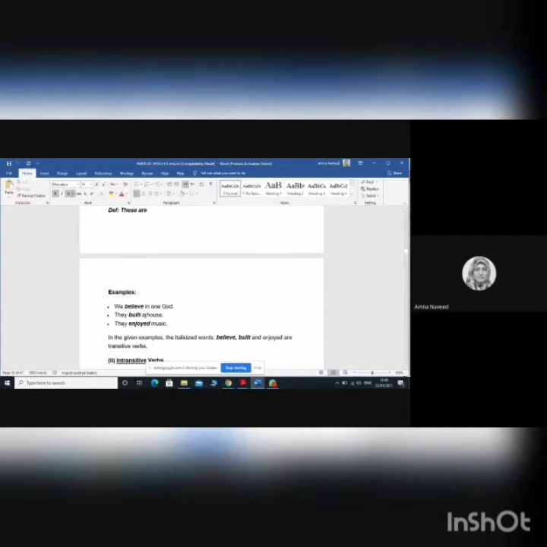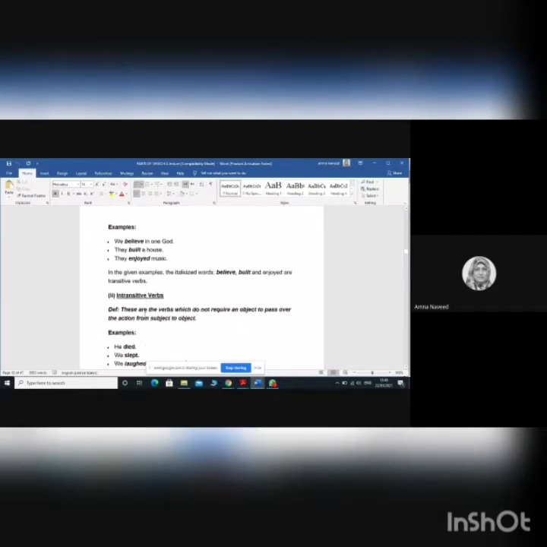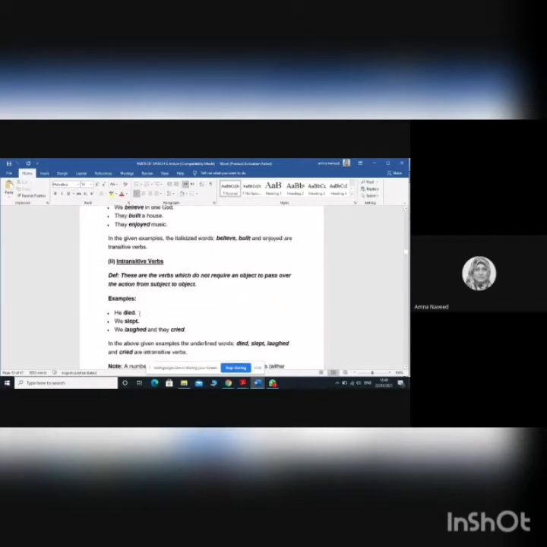They are known as transitive verbs. And intransitive verbs are those verbs which give you complete meaning even if the object is not present in the sentence. Transitive example, they built a house. They is a subject, built is a verb, and house is an object. They enjoyed music.